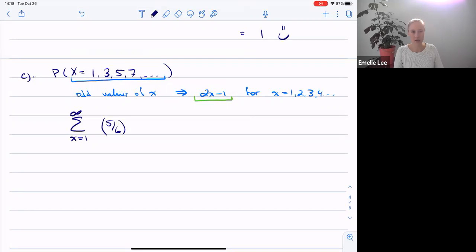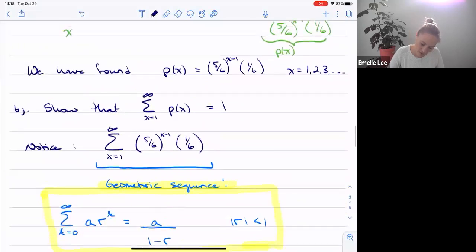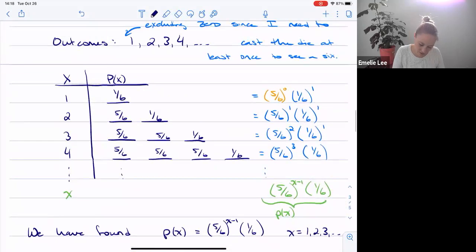To the power of 2x minus 1 minus 1, right? Because if you want the odd numbers, 2x minus 1.